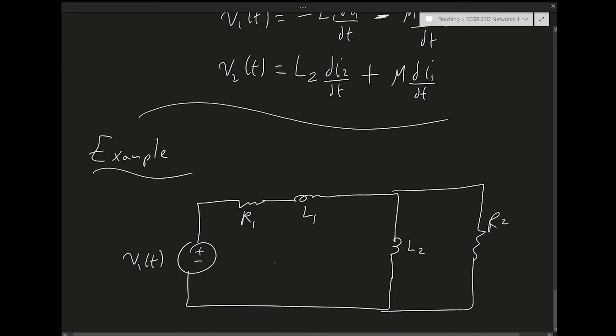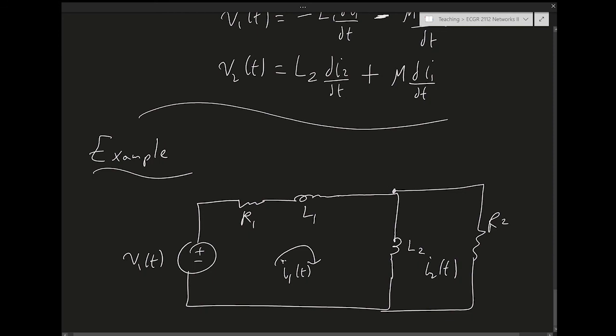I want to write the equations using KVL, of course, for those two mesh currents, I1(t) and I2(t). The twist here is that those two inductors are coupled.